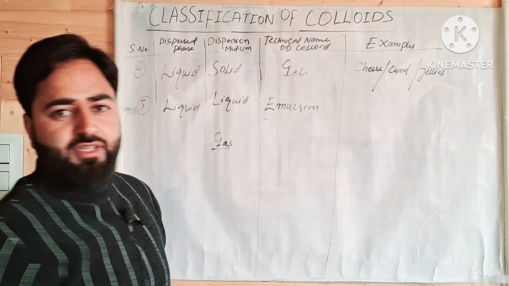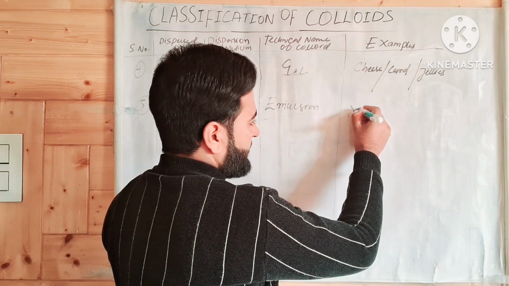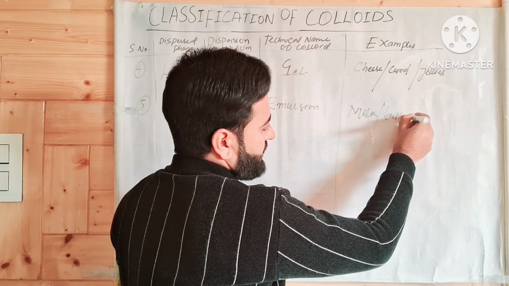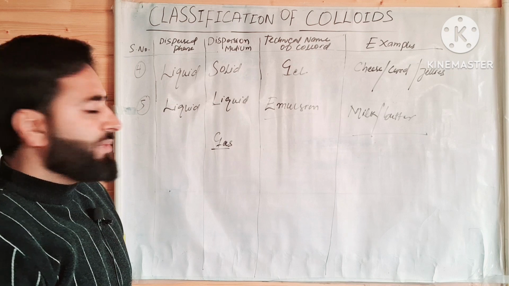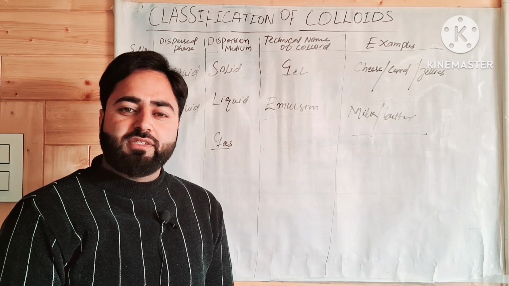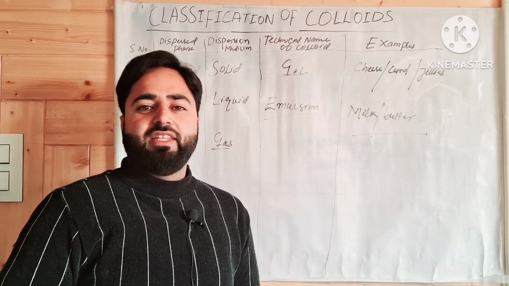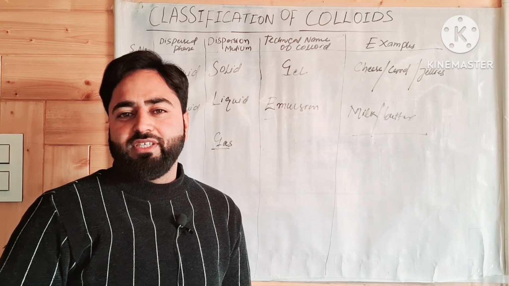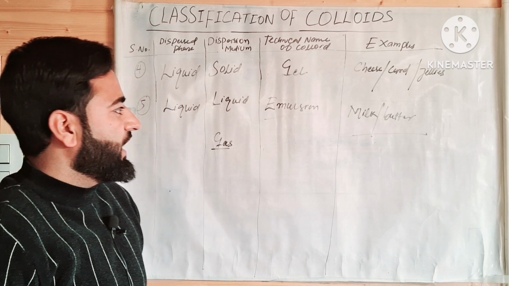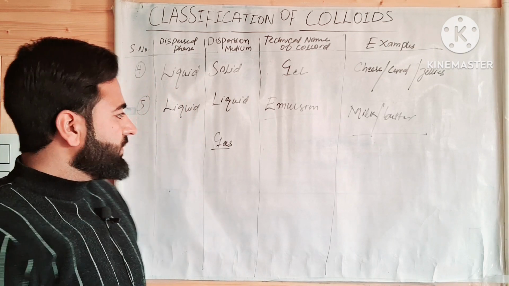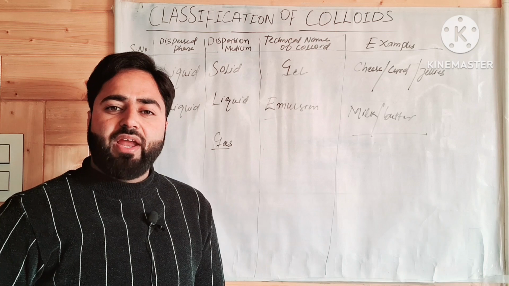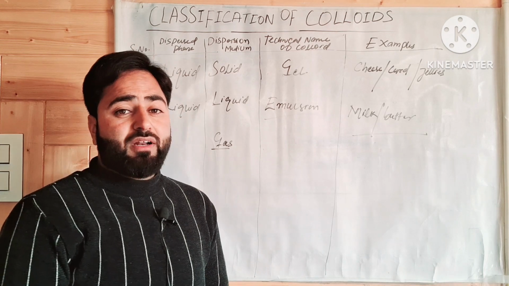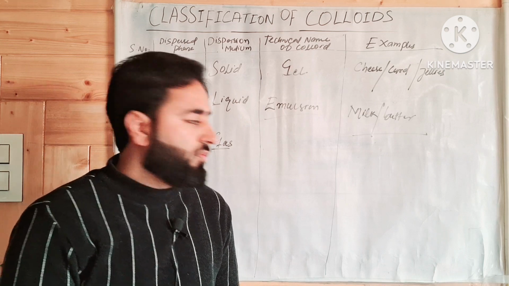The examples are milk and butter. An emulsion is when we mix two liquids that are immiscible, that is, they don't blend or mix with each other. Then we call it an emulsion. In milk we have fat dispersed in water, and in butter we have oil and water.